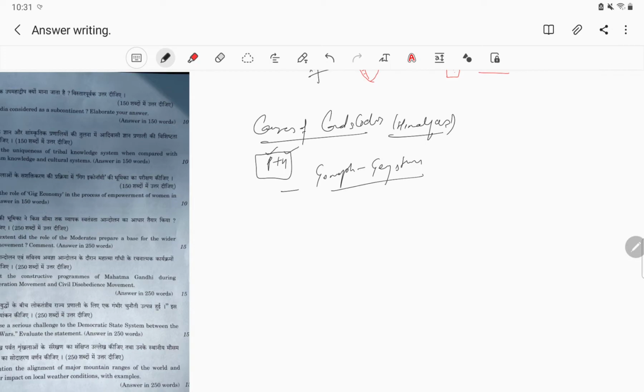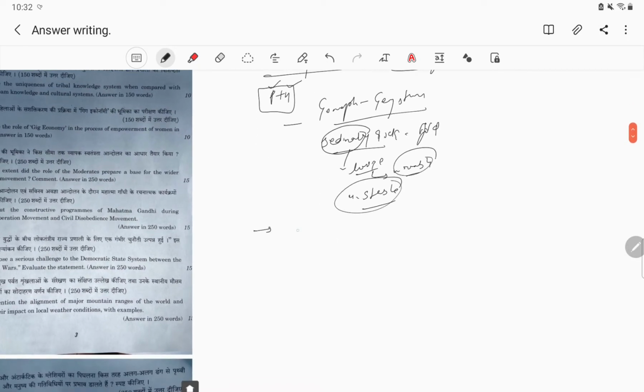This structure in Himalayas is a sedimentary rock structure. Because of fold mountain, what happens? Because of this sediment, they are very loose, so they are easily movable. Because of this, it creates unstable landmass. That is one reason. There are tectonic activities.